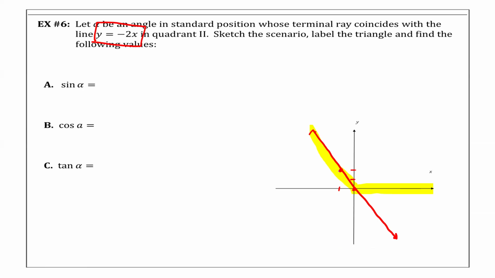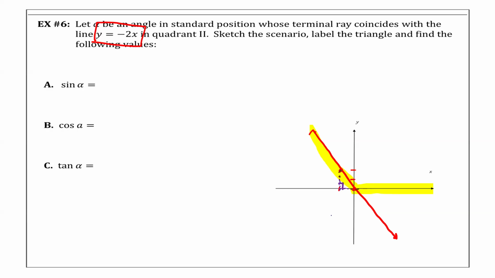To find its values, we're going to turn it into a right triangle. Okay, so it turns into a right triangle.